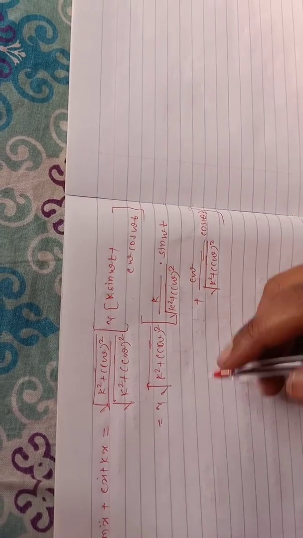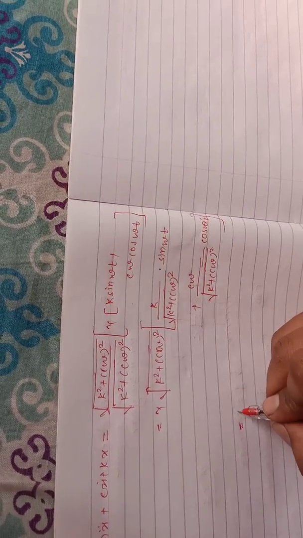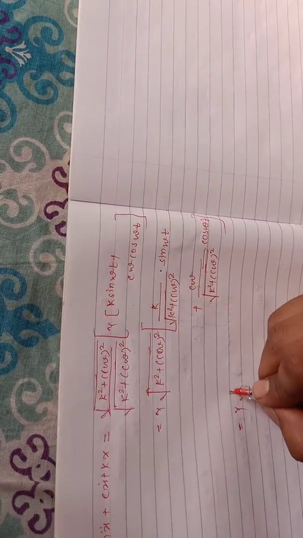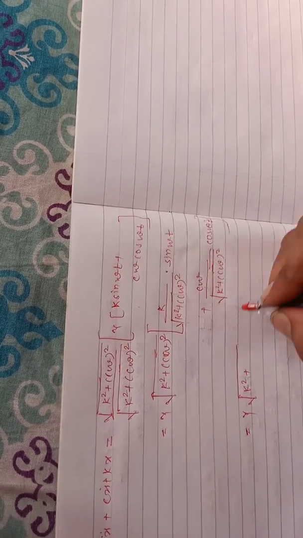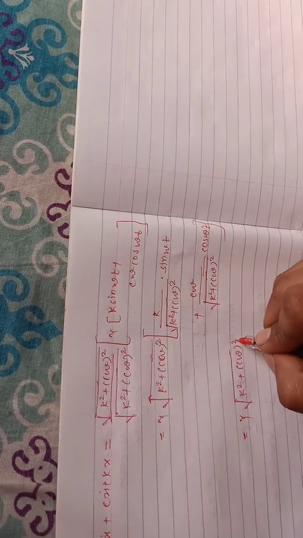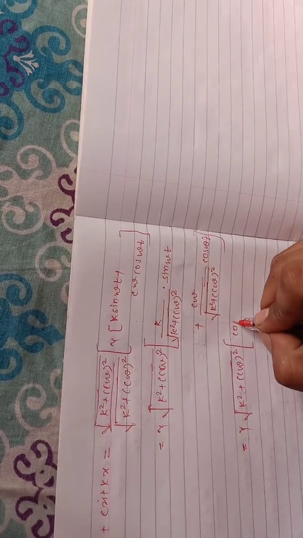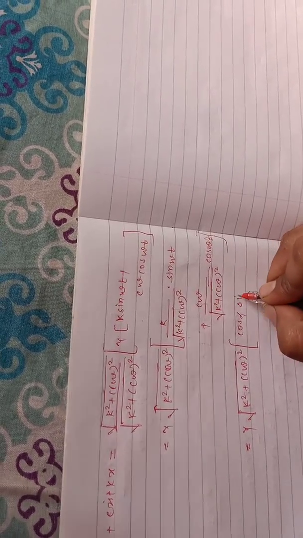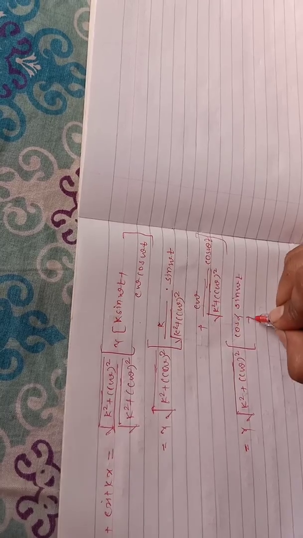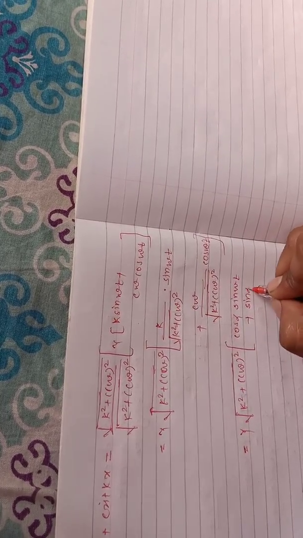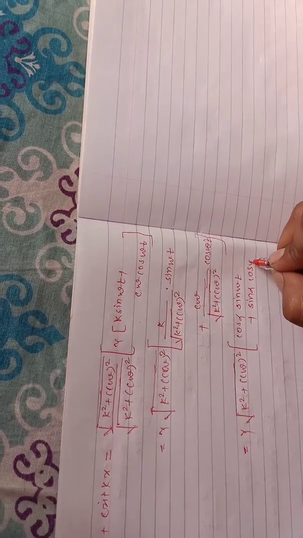And from earlier equations we can write it as Y square root of k square plus (c omega) square into bracket cos alpha sin omega t plus sin alpha cos omega t.